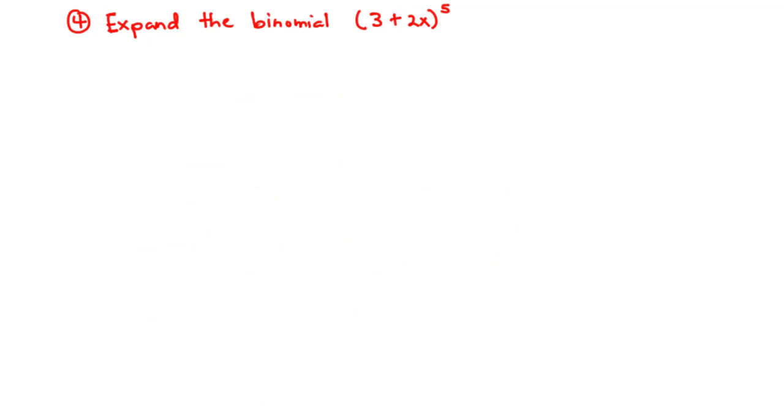So for the last question, we are going to find the expansion of the binomial 3 plus 2x to the fifth power. So we have 3 plus 2x to the power 5 equals a plus x to the power 5.